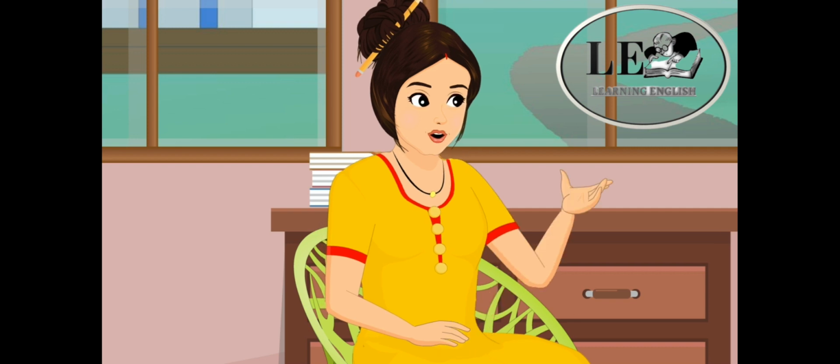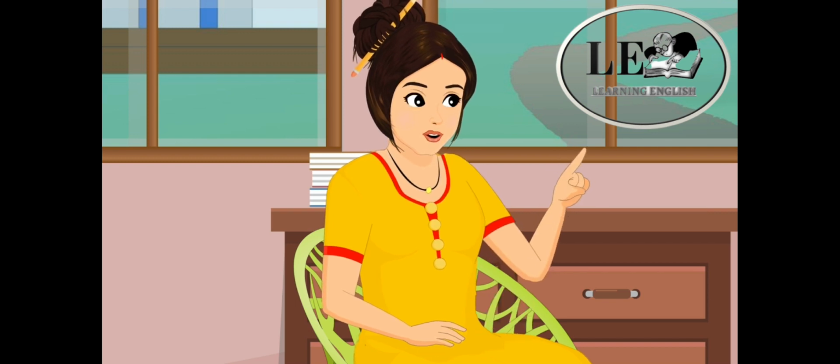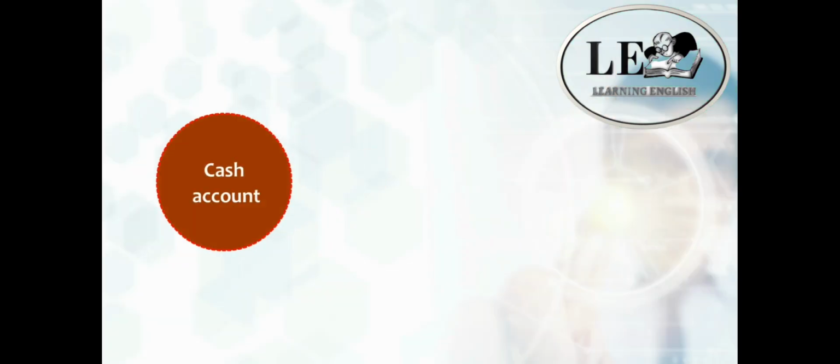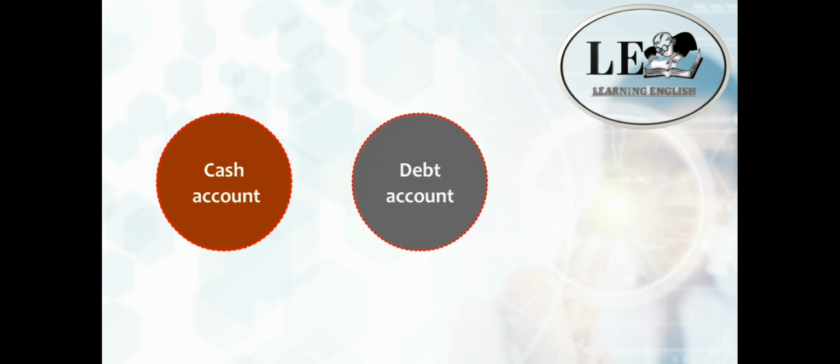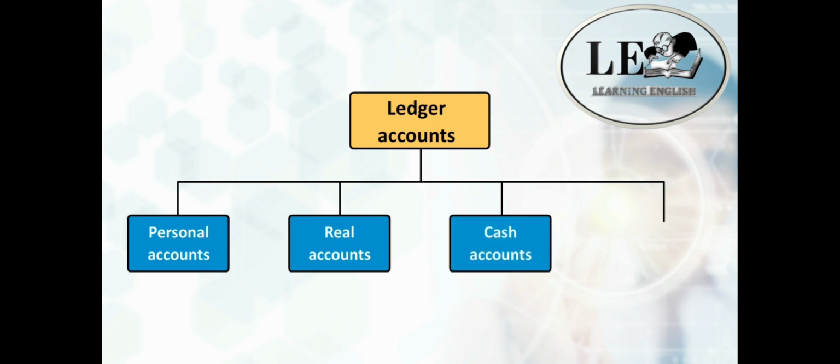A ledger account lists all increases and decreases of a particular account. Examples of ledger accounts are cash account, debt account, inventory account. Ledger accounts can broadly be classified into personal accounts, real accounts, and nominal accounts.